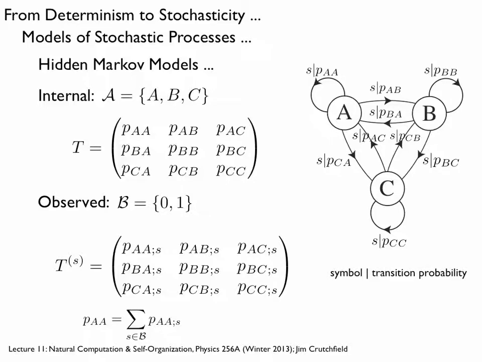Is it always the case that you encode what you observe on a transition, or is it what you observe in a state? Right. In a lot of the literature and textbooks on hidden Markov models, they put the observed symbol on a state.